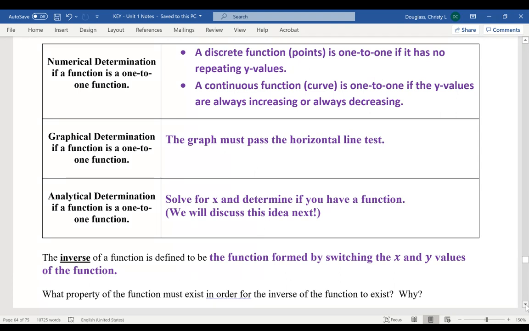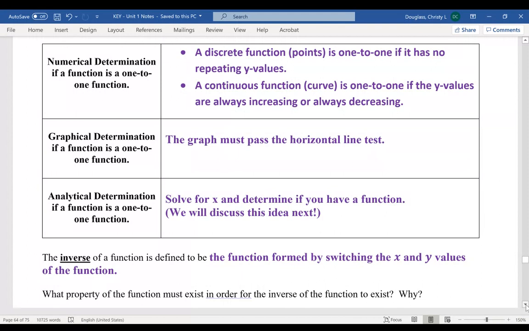And we can say that a discrete function is one-to-one if it has no repeating y values. Now, the fact that it is a function already tells us that the x values don't repeat. So now we are just adding the additional rule that the y values will not repeat either.